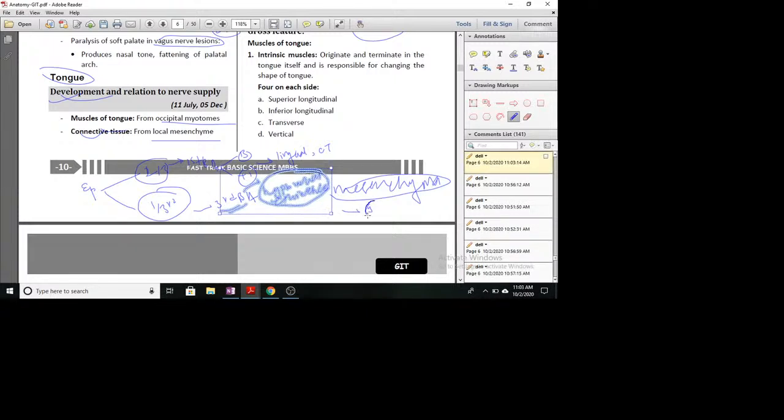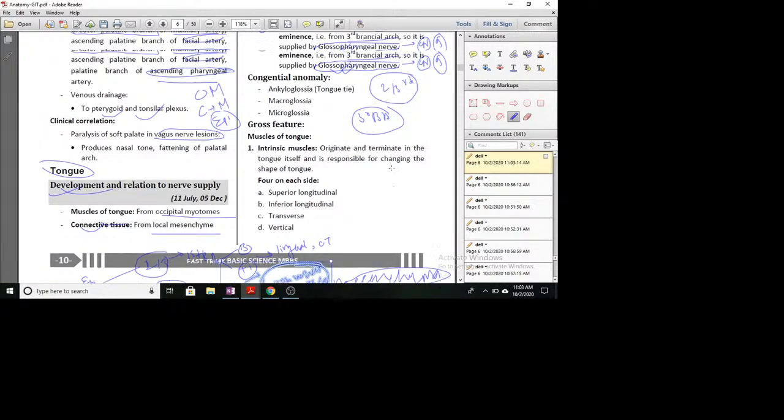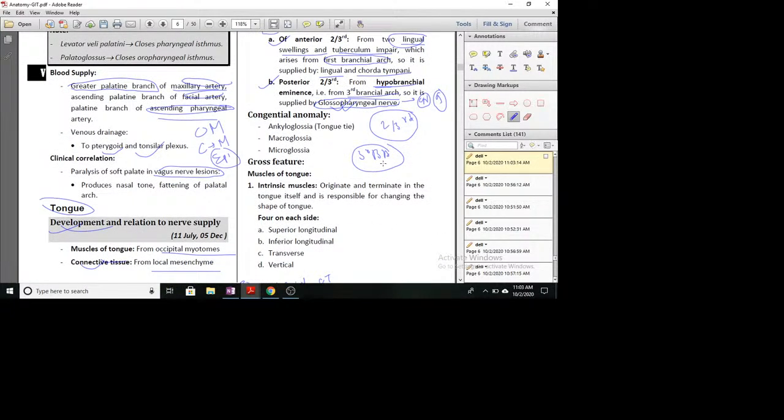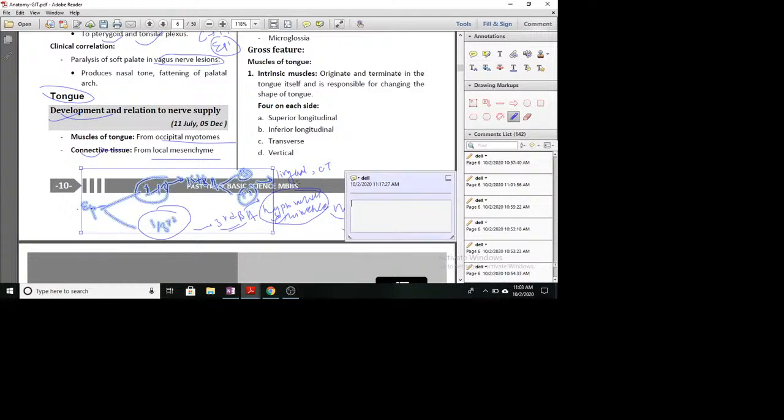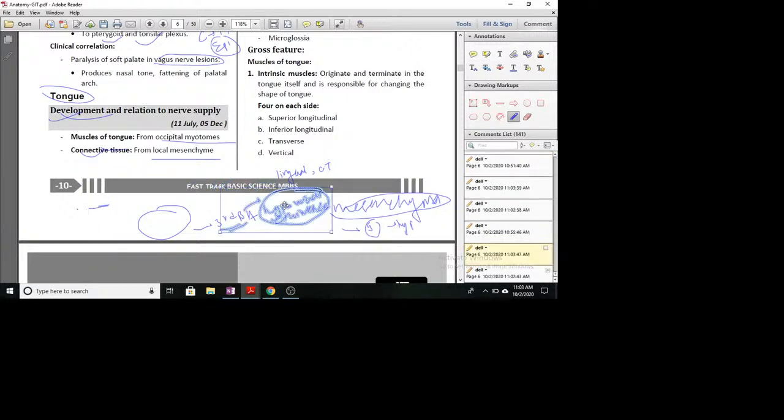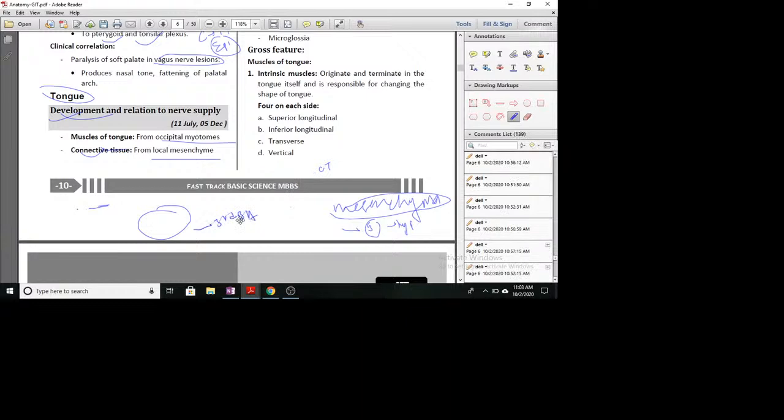That is the hypoglossal nerve, I guess. No, sorry, glossopharyngeal. It is supplied by the glossopharyngeal nerve.